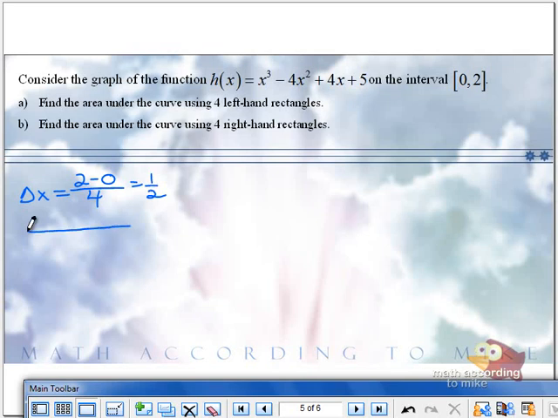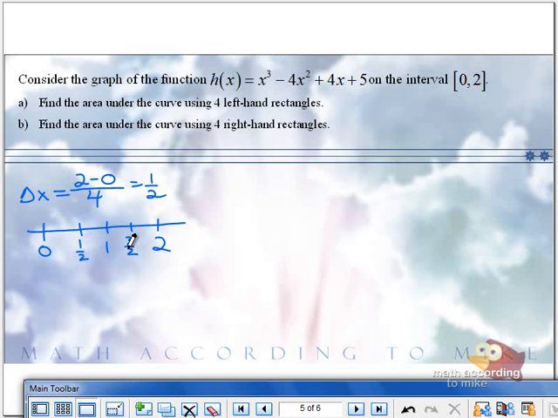So if this is my number line, and this is 0, and this is 2, and we want 4 rectangles, then what are the other numbers in this tick mark here? Yep. I'm going to say 3/2, but that's okay.